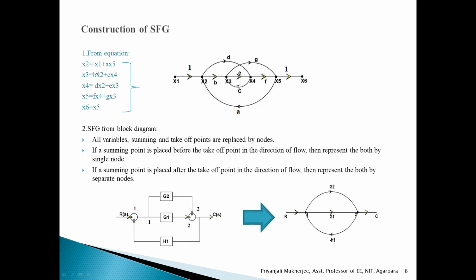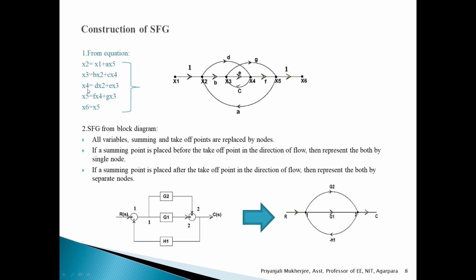If we consider the first equation, that is x2 equals x1 plus a into x5, that means the input at the x2 node comes from x1 with coefficient 1 gain, that is 1 is written here, and from x5 the gain a is coming to the x2 node. Similarly, it is applicable for the next node, that is for x3, coefficient b is coming from x2. So from x2 the signal is b, and for x4 the coefficient is e.